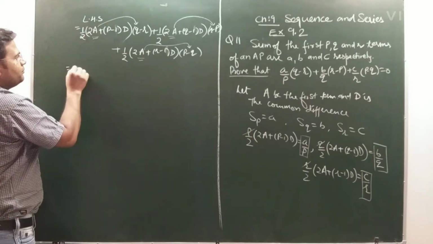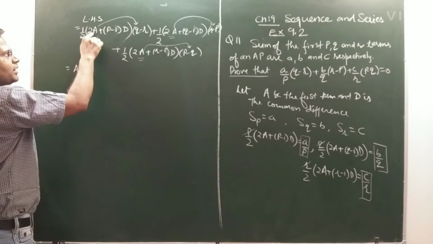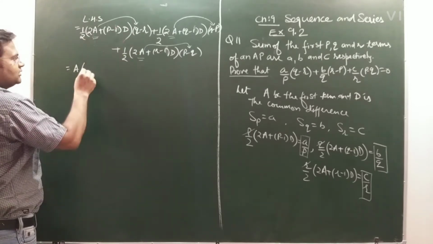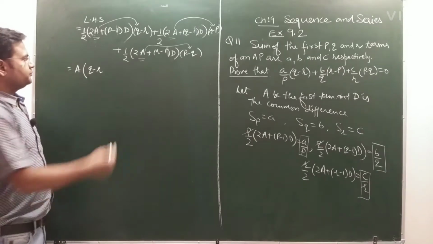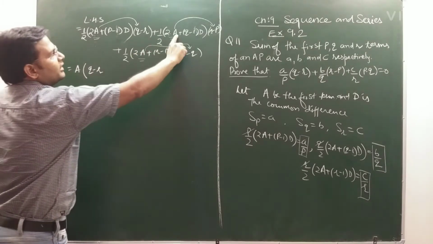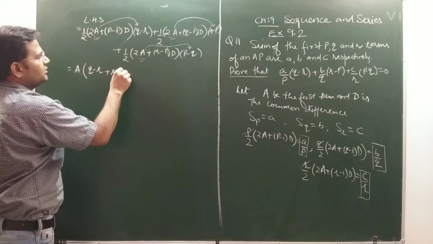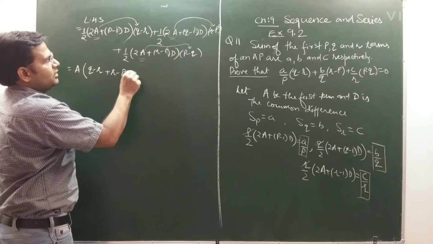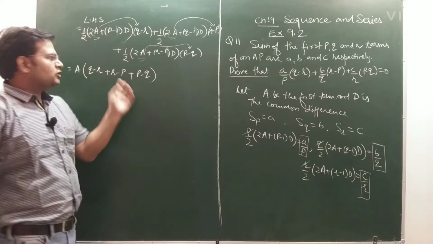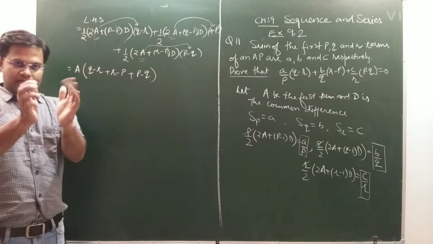A will be common because you multiply this by 2, so the 2 gets cancelled, and A into (Q minus R). Then A into (R minus P), and then A into (P minus Q). So all terms which contain A, you have taken them together.